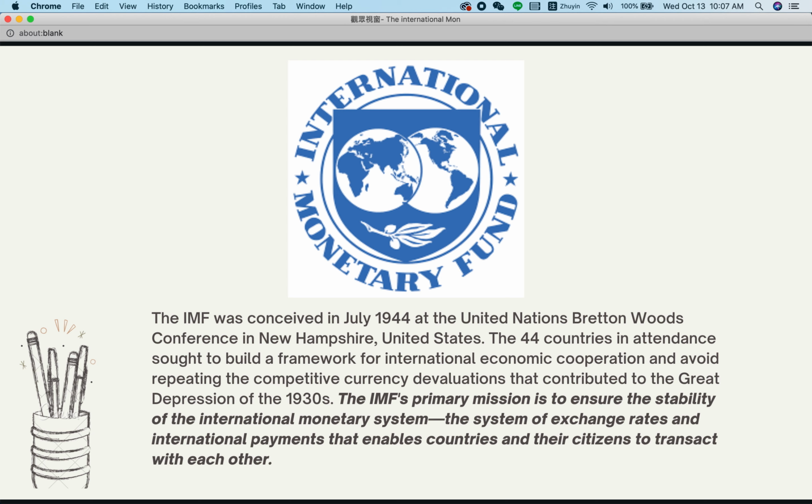Look, the IMF was conceived in July 1944 at the United Nations Bretton Woods Conference in New Hampshire, and the IMF's primary mission is to ensure the stability of the international monetary system, the system of exchange rates and international payments that enables countries and their citizens to transact with each other.